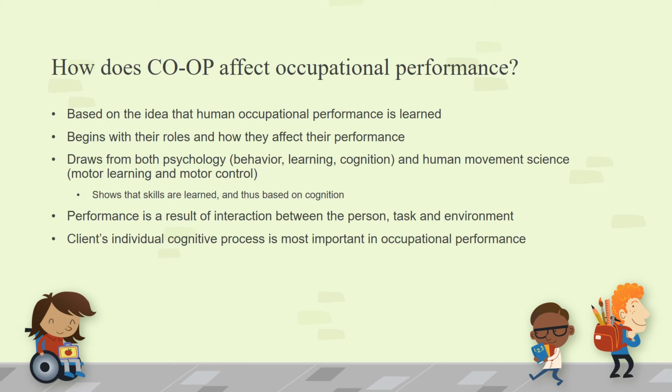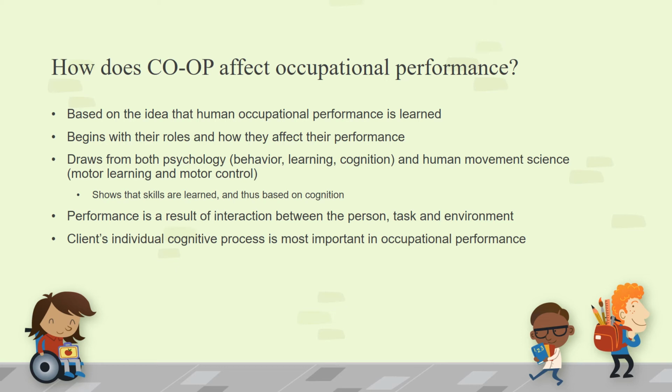So how does CO-OP affect occupational performance? It's based on the idea that human occupational performance is learned, and this approach begins with the client's roles and how they affect their performance of different occupations and skills.